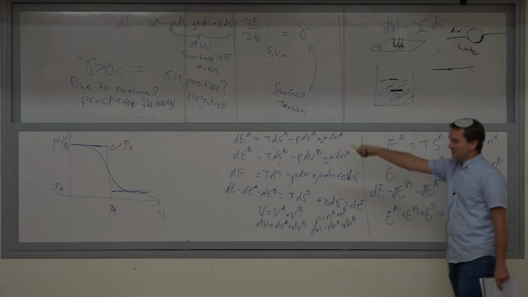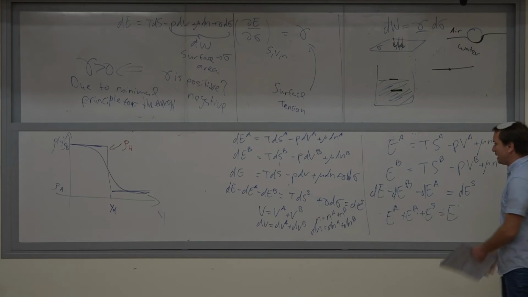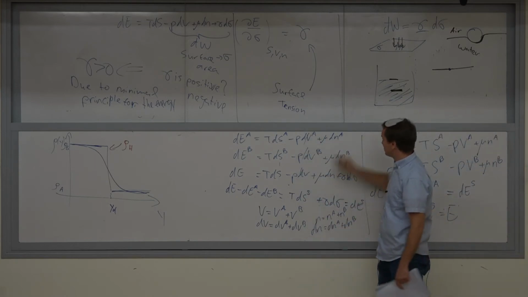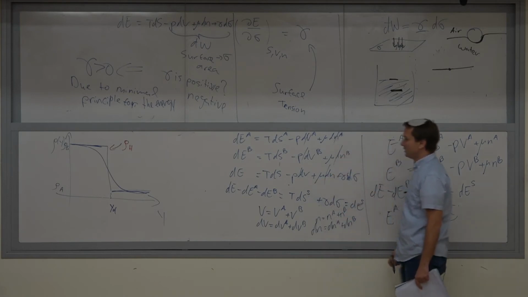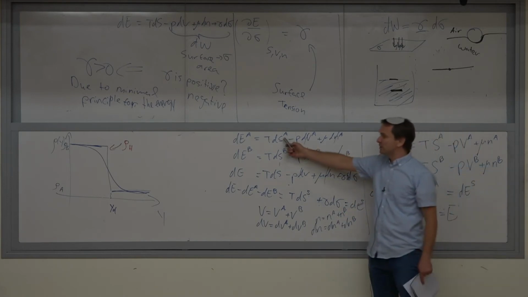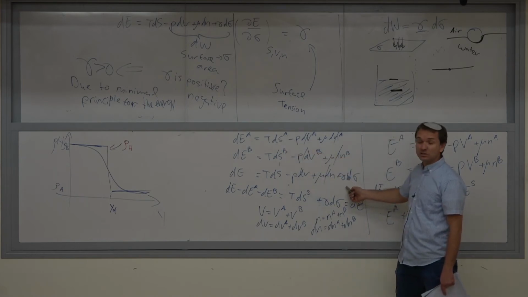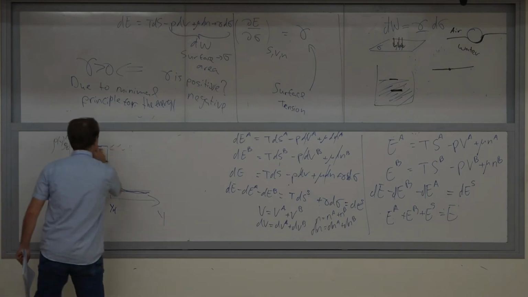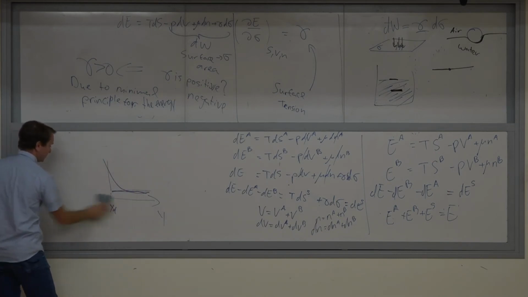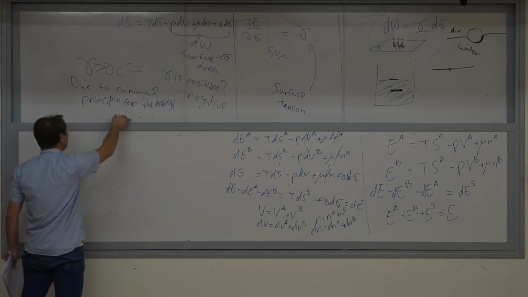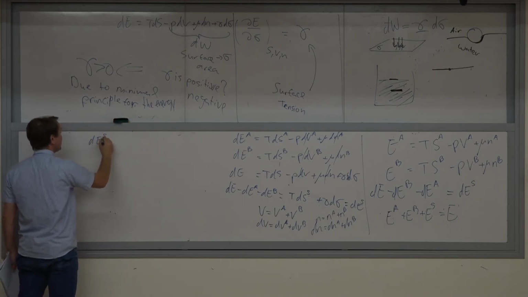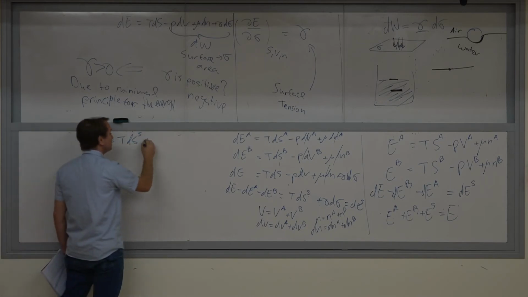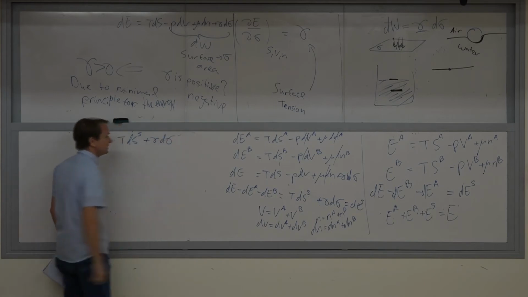We don't know what happens for the entropy, okay? But those terms disappear. What we are left with are the entropy contribution and the surface tension contribution. So dE surface is the dS associated with the surface plus gamma d sigma.